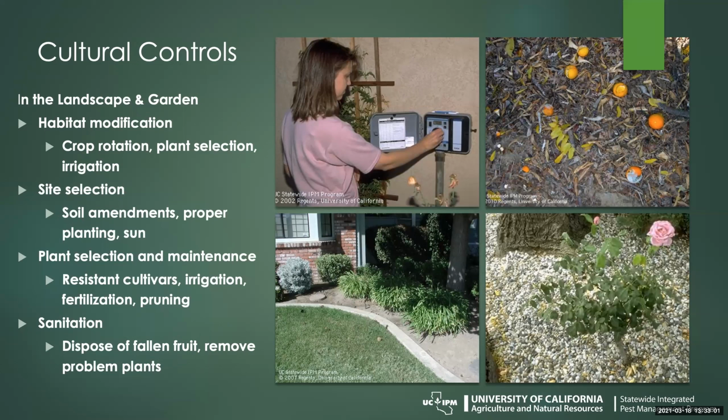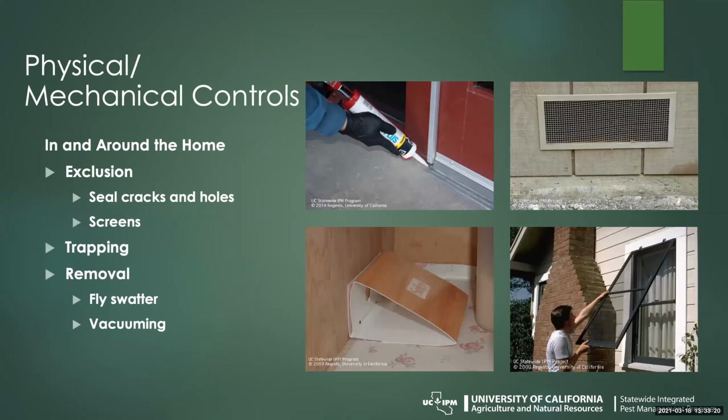And then I did mention disposing of fallen fruit. The fruit can harbor diseases and insects, and also be attractive to other pests, snails and slugs, ants, and vertebrate pests. And so making sure that you're keeping your area clean and not attractive to pests. Physical controls, I mentioned a few.